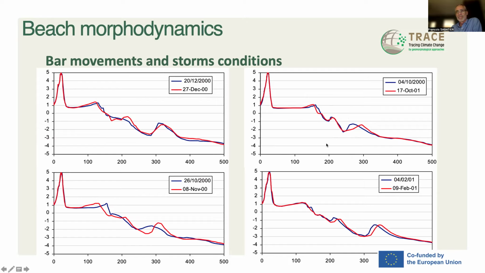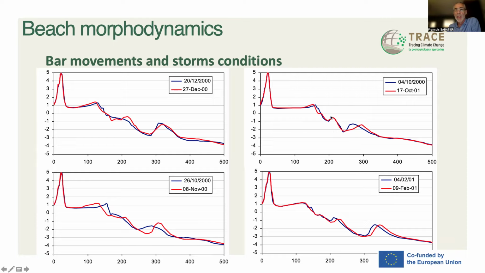So you see that there is a retreat on the berm, on the beach face as well as in the other case, and there is an offshore displacement of the outer bar. This one seems to be quite stable, but actually it is probably related to the field measurement because it's difficult to come back very quickly after a storm.